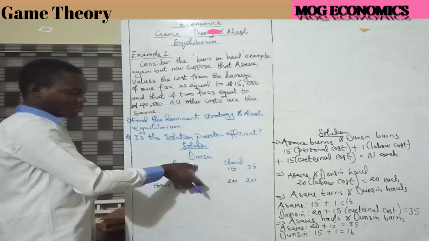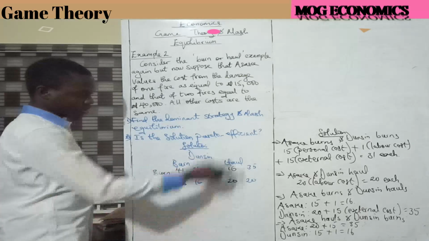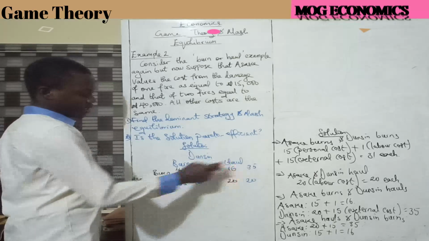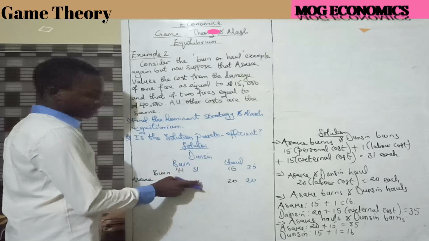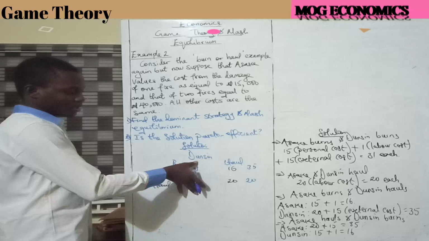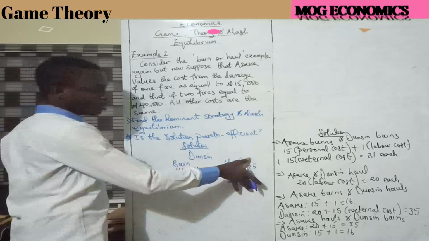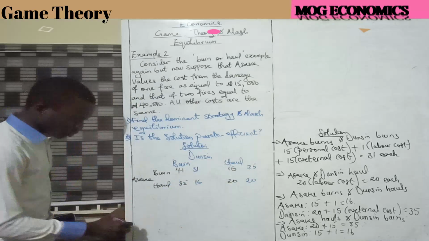So we compare 31 against 35, and we pick 31 because it's a lower cost. Then we compare 16 against 20, and we pick 16 because it's a lower cost. So here, the payoff for burning is entirely better than the payoff for hauling, which means Dunsin has a dominant strategy, which is to burn.